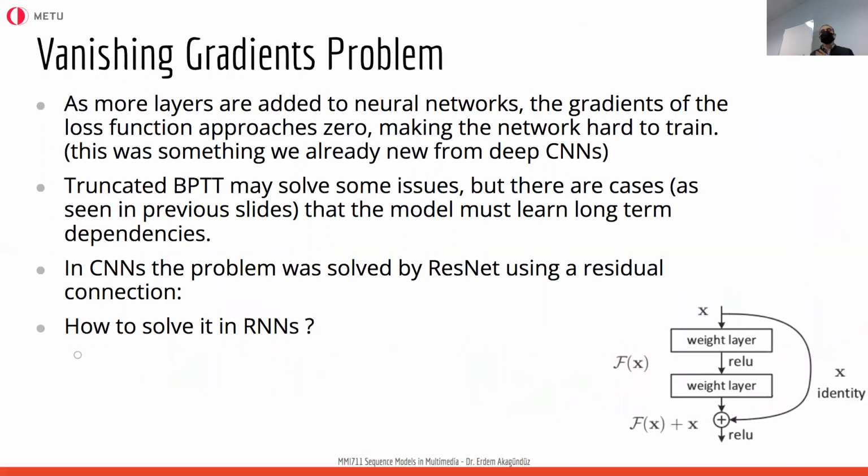So the vanishing gradients problem is, as the depth of the computational graph gets larger and larger, because of the nature of the network, the gradients start to die. And this problem is severe for recurrent neural networks, because in recurrent neural networks, the weights are the same weights.